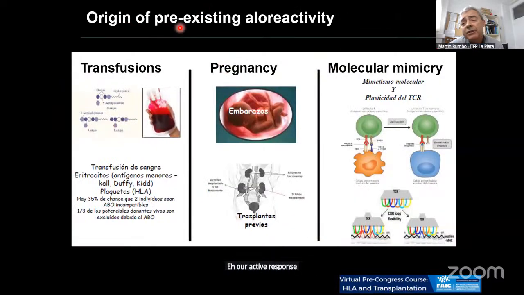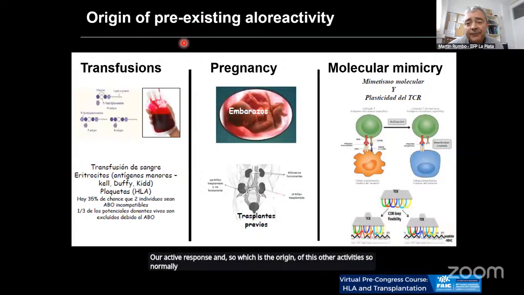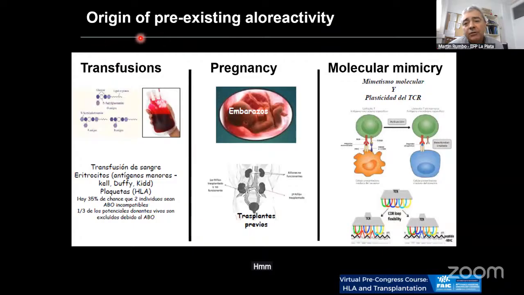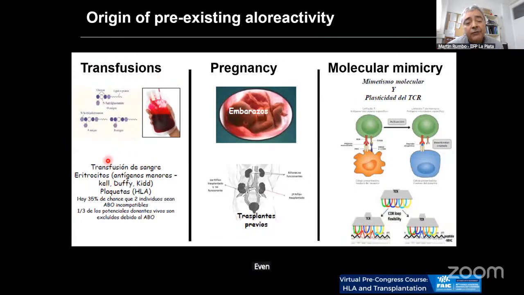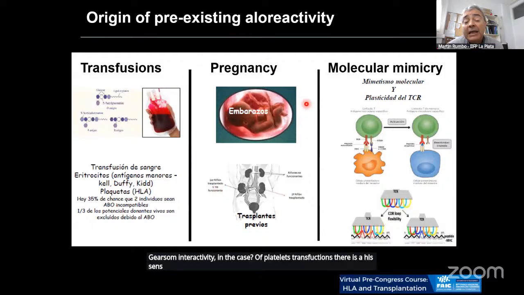And so, what is the origin of this alloreactivity? Normally there are different situations that can trigger alloreactivity. So the use of transfusions, even in the case of using just erythrocytes, there are some minor antigens that can trigger some alloreactivity. In the case of platelet transfusions, there is HLA sensitization.